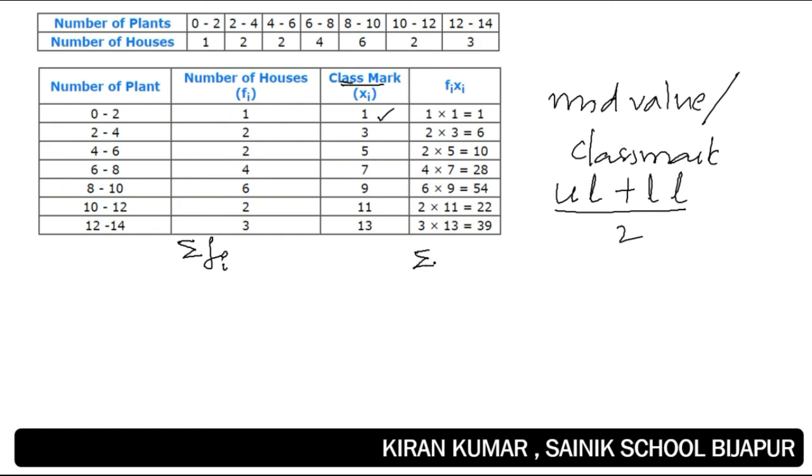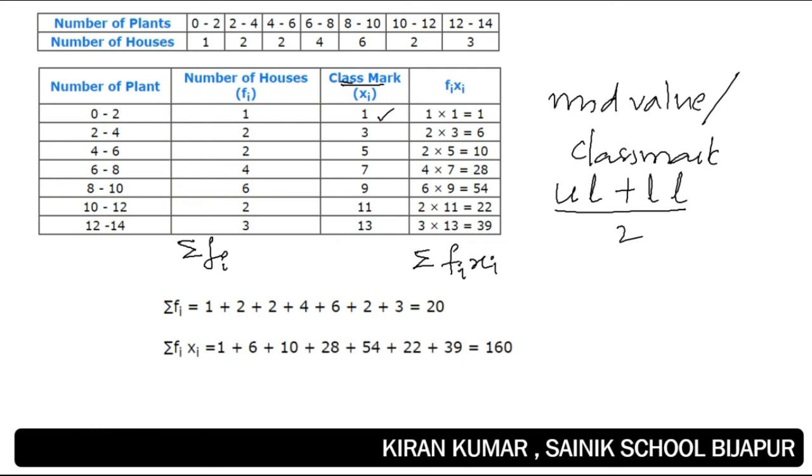Then we will also find sigma fi xi. So sigma fi is 20, sigma fi xi is 160. Therefore, the mean is sigma fi xi upon sigma fi, and we get it as 8 plants. This mean is also represented as x bar.